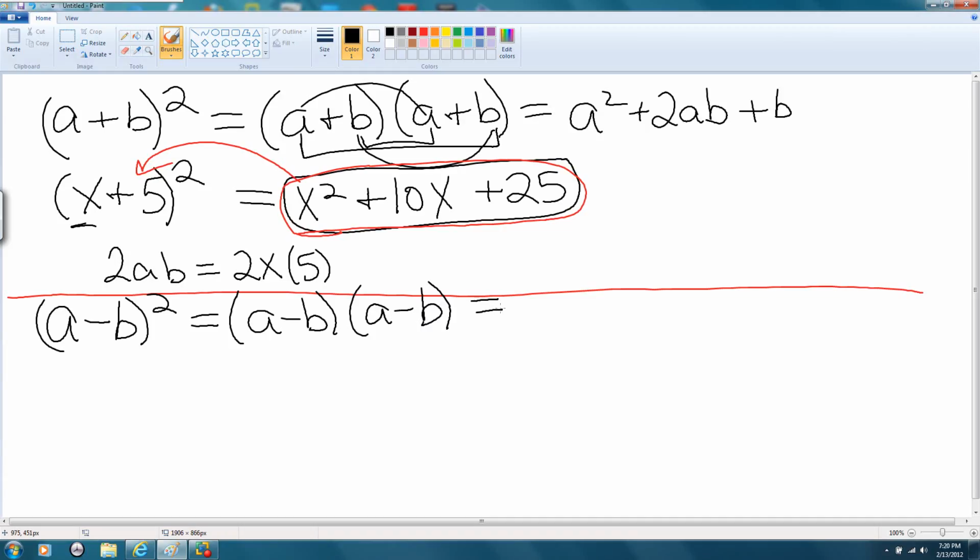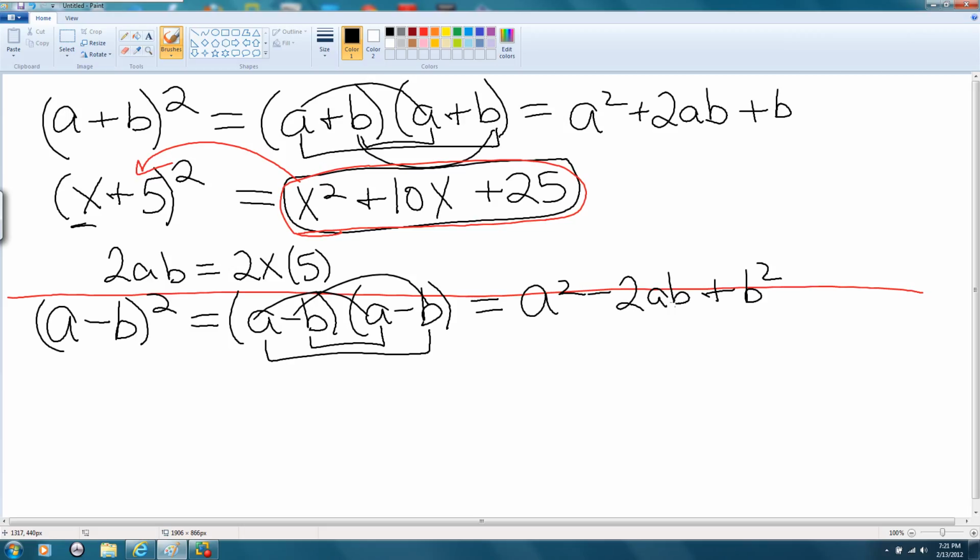If we multiply that out, we get a squared plus b squared. In the middle is going to be minus ba, or minus ab, and another minus ab. So we're going to get minus 2ab.